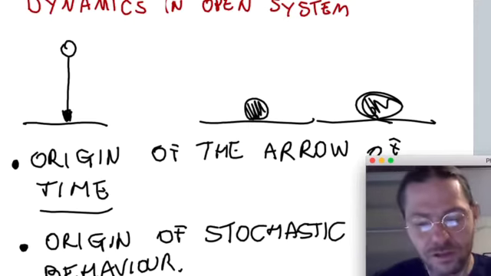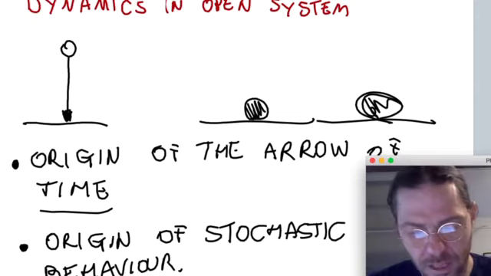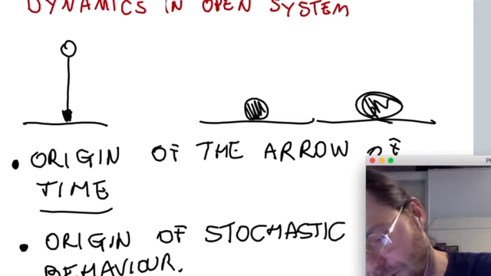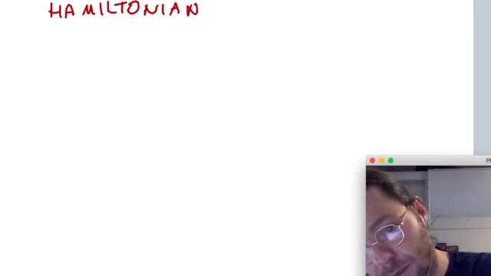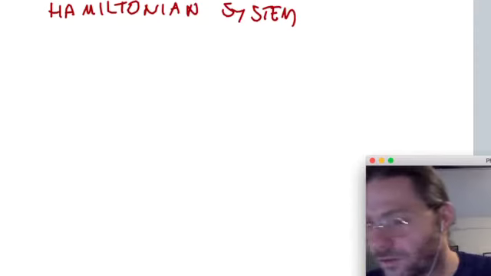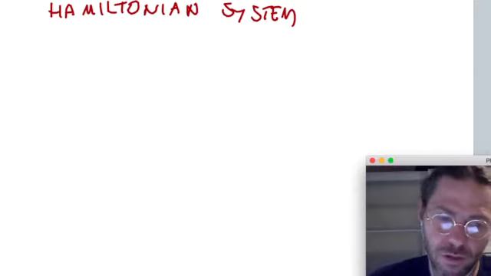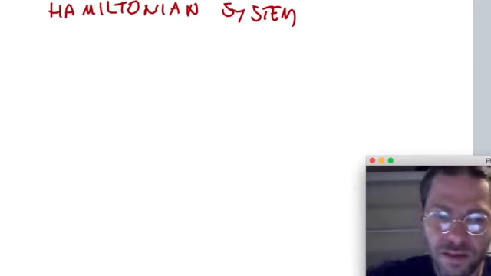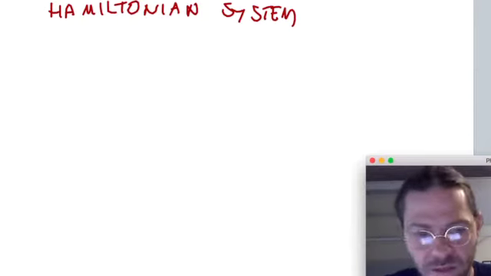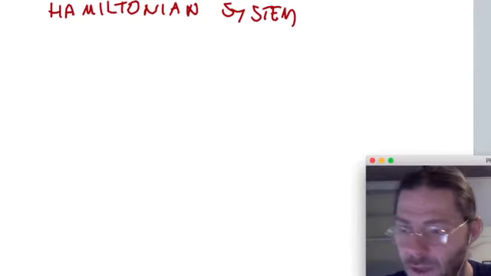And so let's consider specifically a Hamiltonian system. Our system will therefore be defined by a classical Hamiltonian for the moment. We will deal with the quantum extension of this discussion later on in the course, when we will discuss quantum open systems.